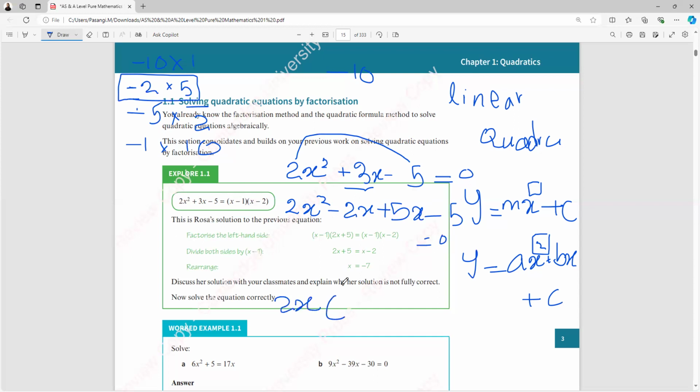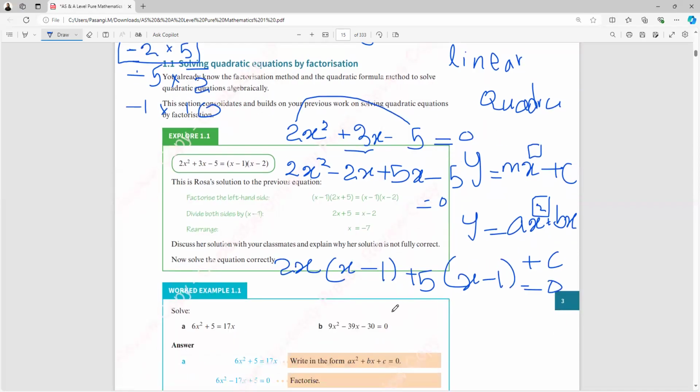If we take 2x out, then inside the bracket we have x minus 1. And if we take 5 out, then again we have x minus 1. And anyway, for the right hand side, we have 0. That means 2x plus 5 times x minus 1 equals 0. That's how it works.